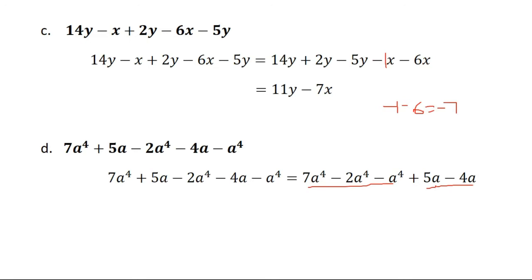So they don't satisfy those two conditions. The letter is the same, but the power of this a is 4 and the power of that a is 1, so they are not like terms.